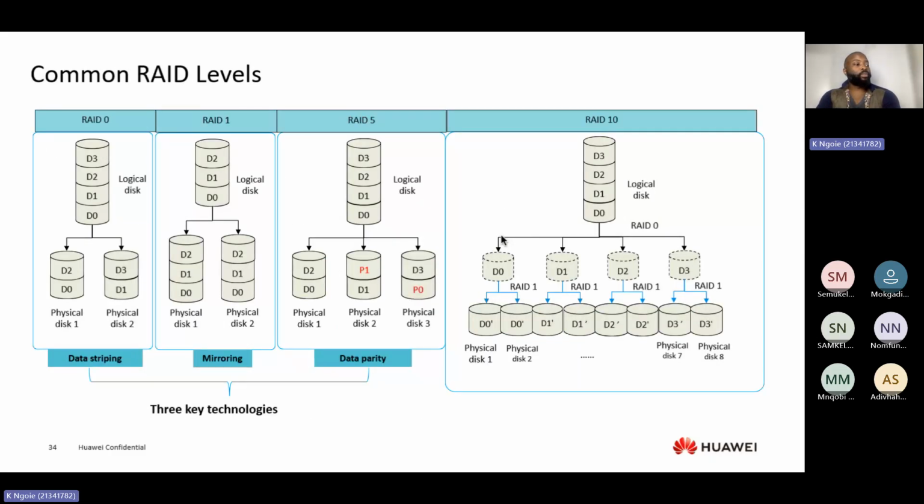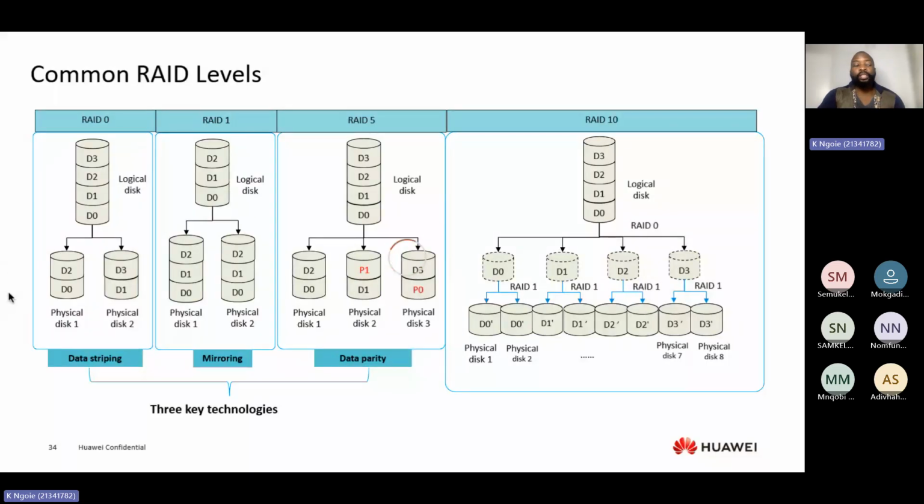So now when we spoke about common RAID levels, we had different levels. We mentioned RAID 0, RAID 1, RAID 5, RAID 10, and these systems are different in terms of how the stripes are built.